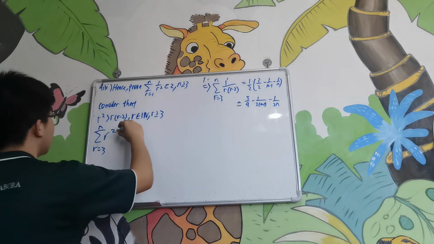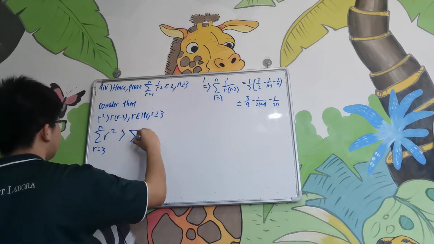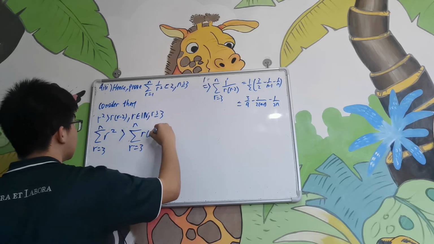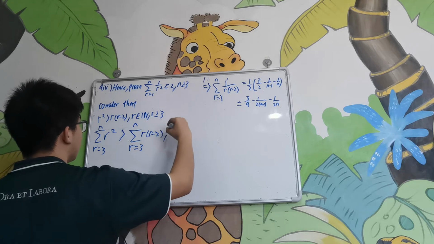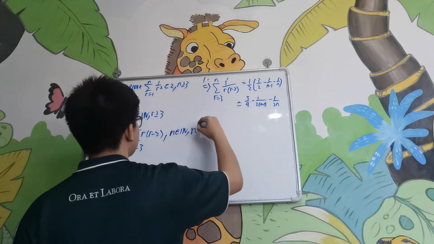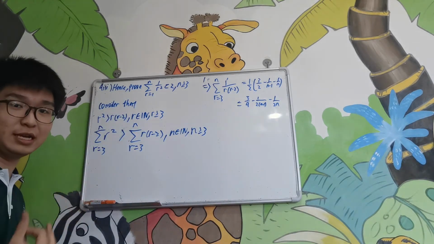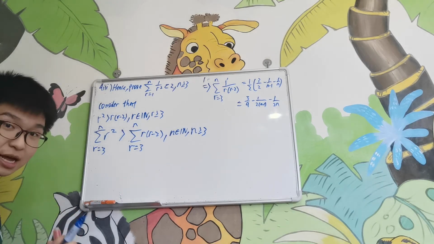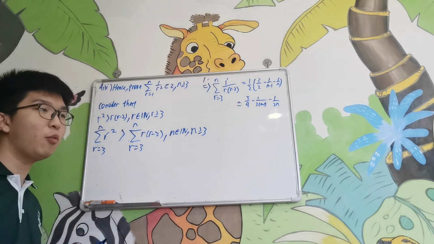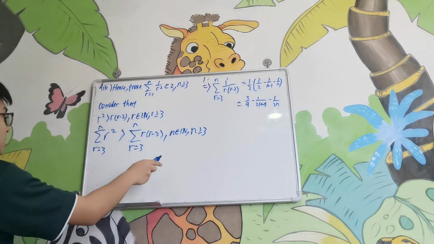It will be more than the summation from r equals 3 to n of this, for the condition such that n is a natural number and n is more than or equal to 3. Thinking logically, what summation really is, is that you're adding up the y values of a given function and trying to figure out what happens when you add up all the y values. So I hope this makes sense.